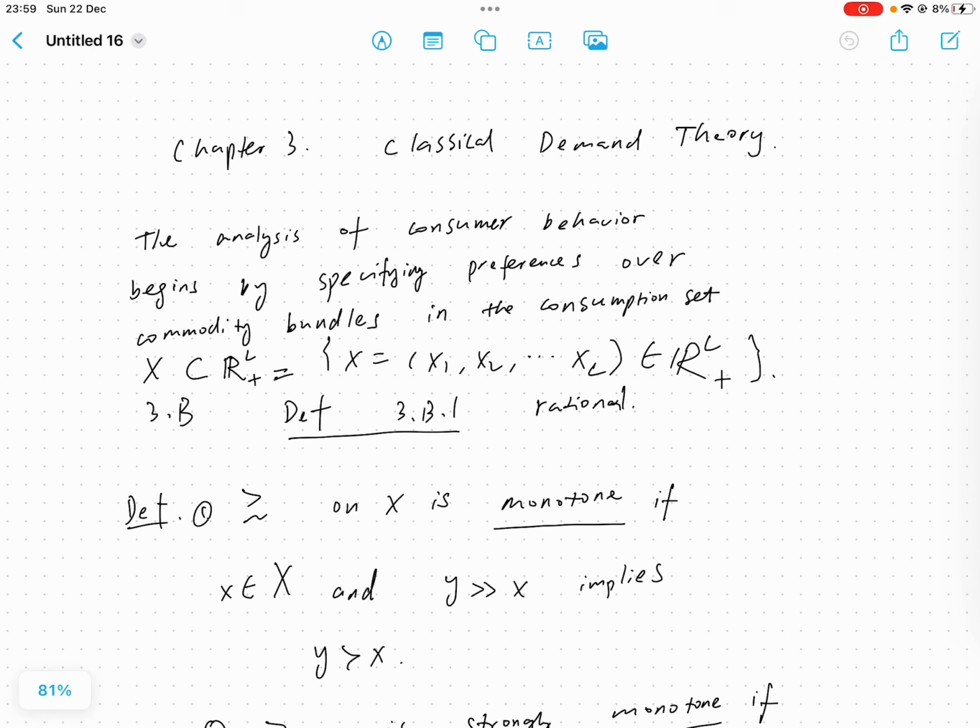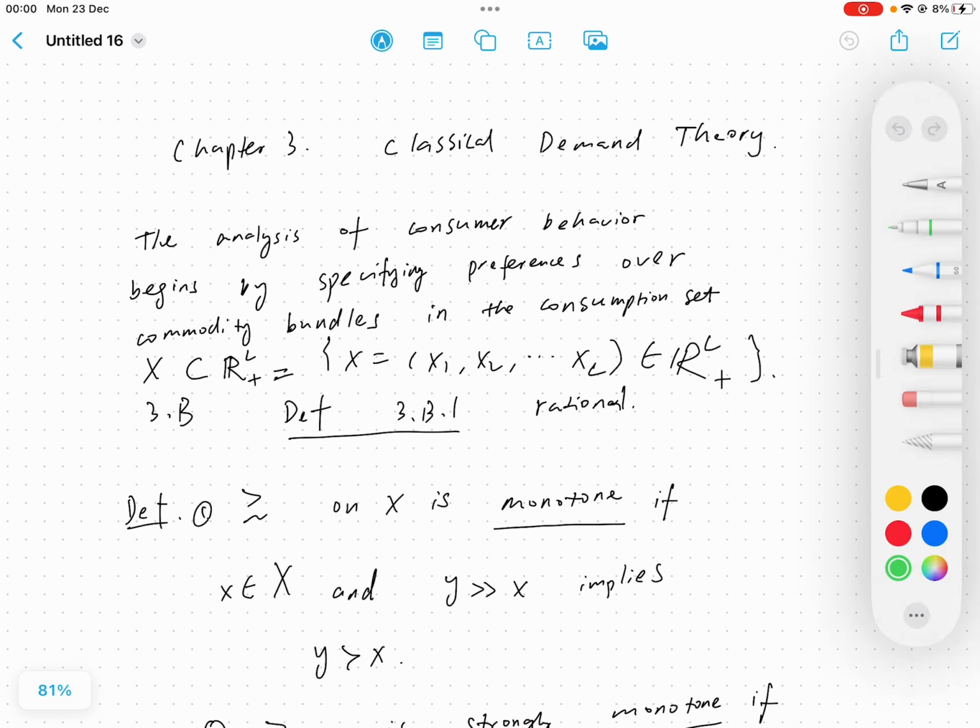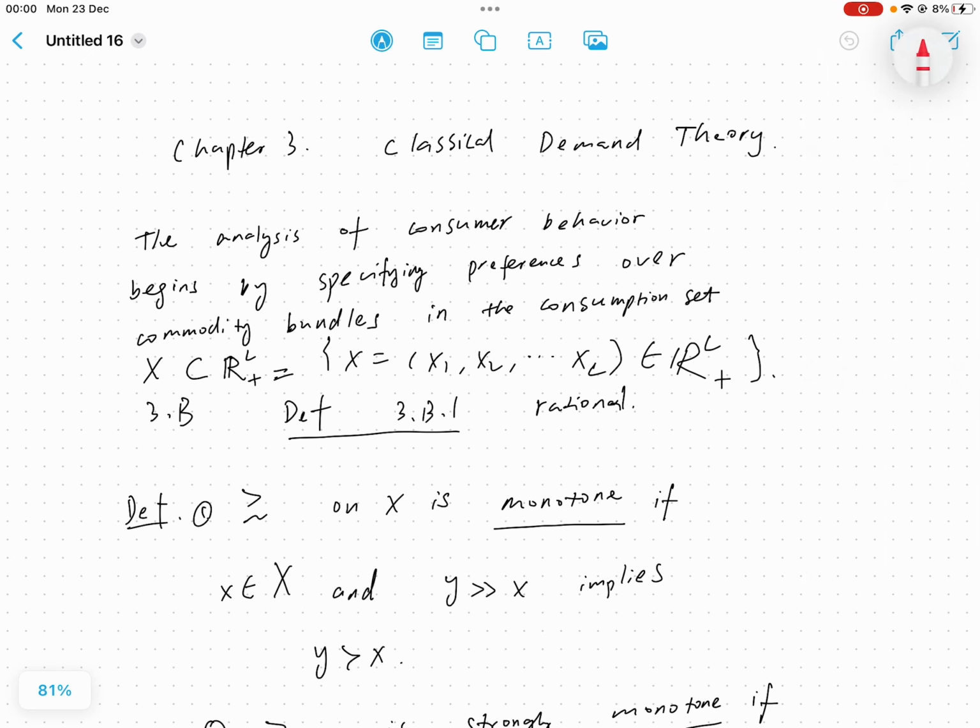Before we introduce some properties on the preference relations that are going to be used for the consumer theory or demand theory, let's make it specific for the set of alternatives, big X, that we have previously defined.